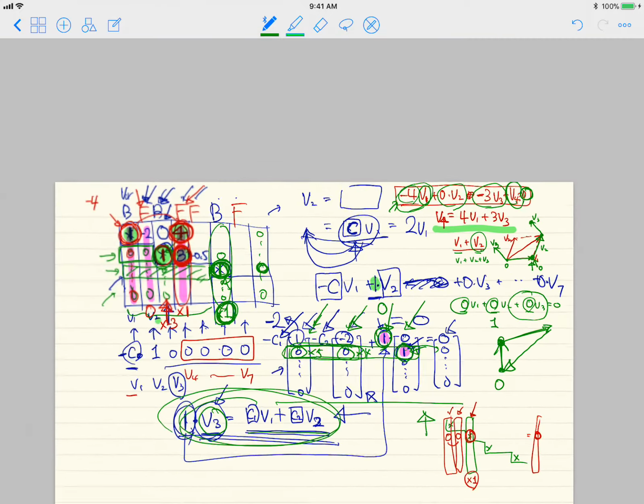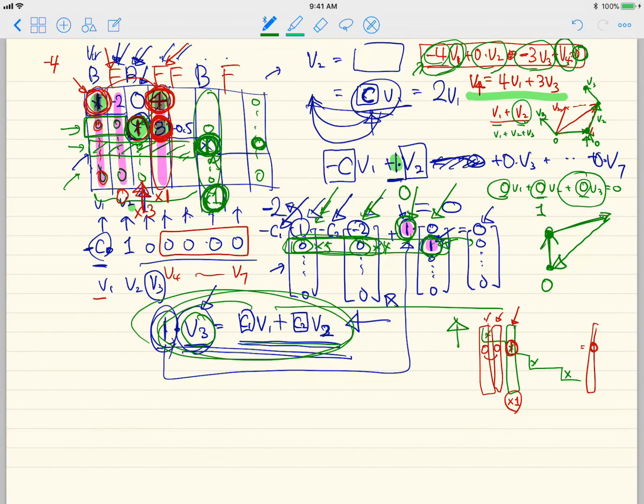So this can also be thought of as having infinitely many solutions. And I want to explain why we have to have infinitely many solutions.